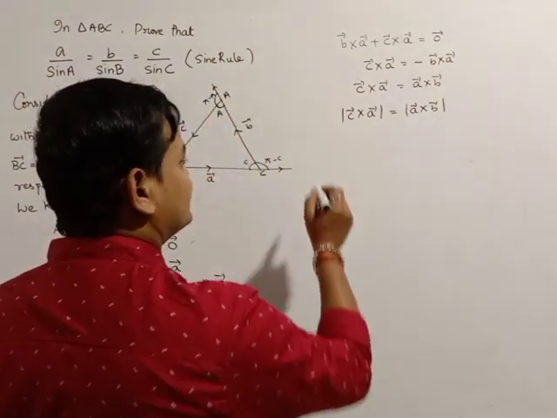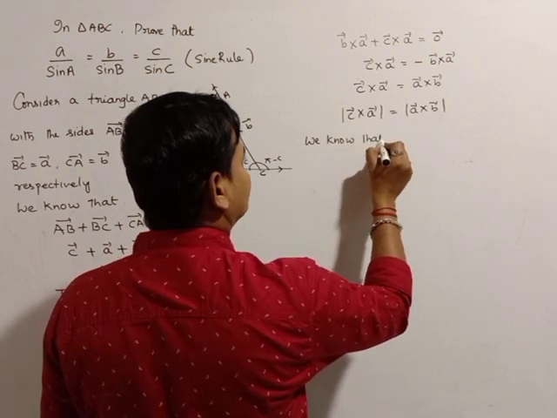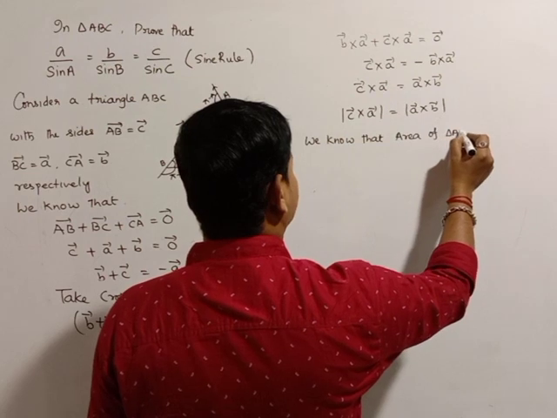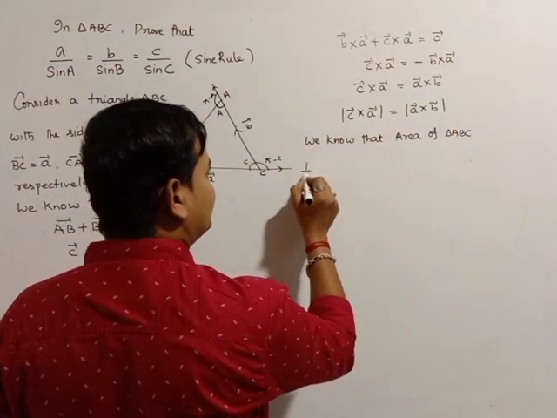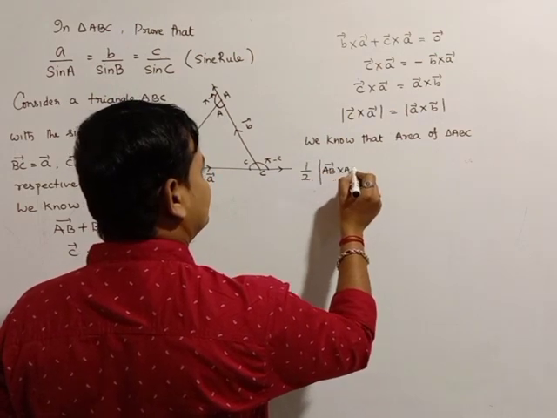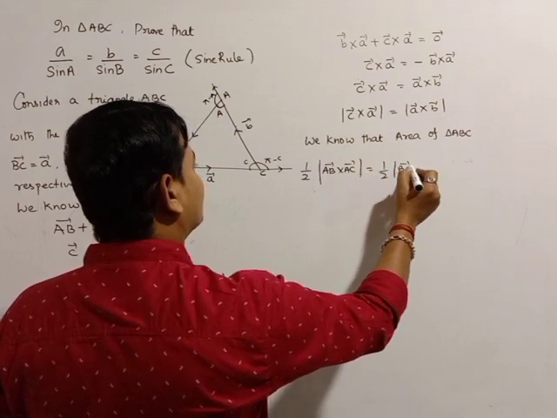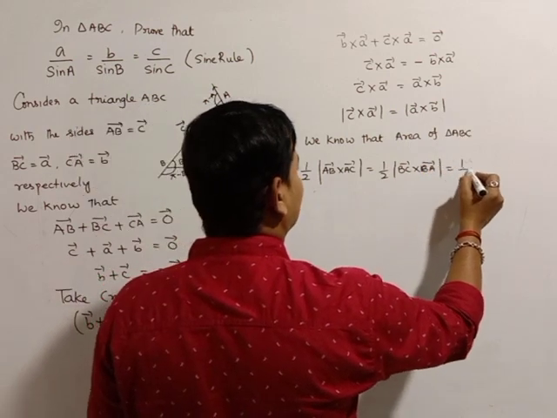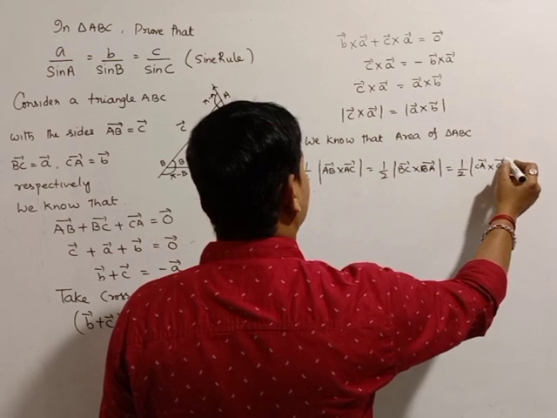And we know the area of triangle ABC. What is the area of the triangle ABC? Half into modulus of AB bar cross AC bar is equal to half modulus of BC bar cross BA bar, that is equal to half modulus of CA bar cross CB bar.